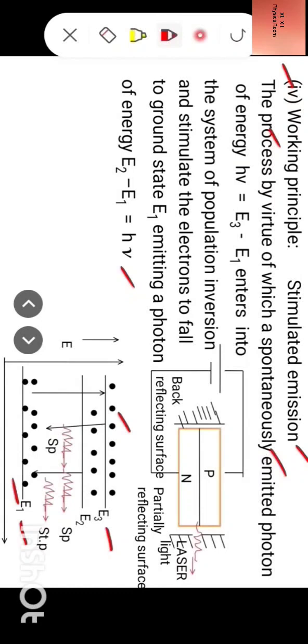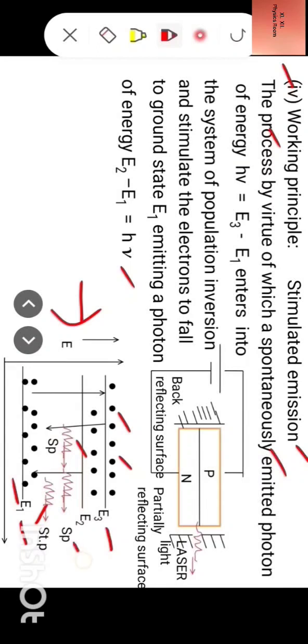So here look at this diagram. This is a spontaneously emitted photon which enters the population inversion system and stimulates the electron to fall, releasing another photon of energy.